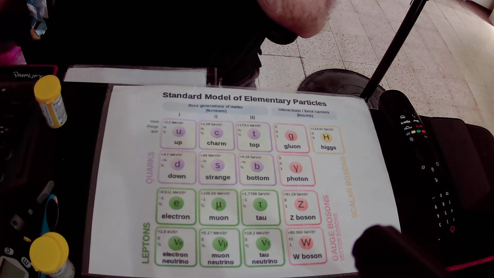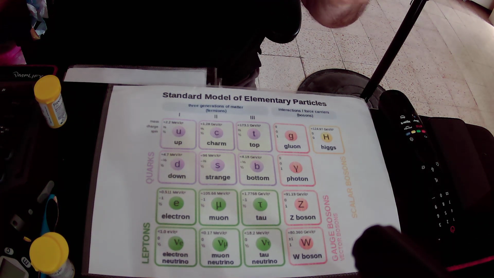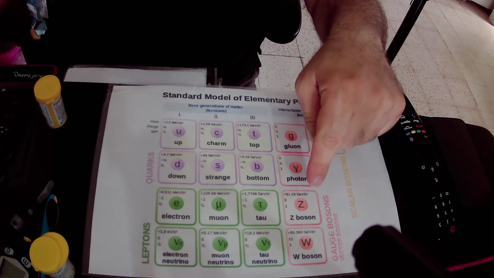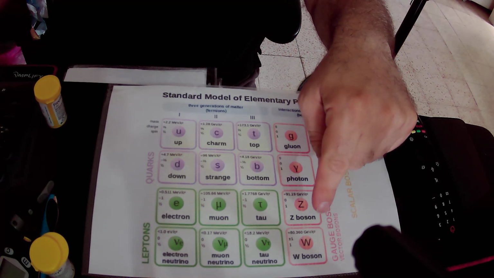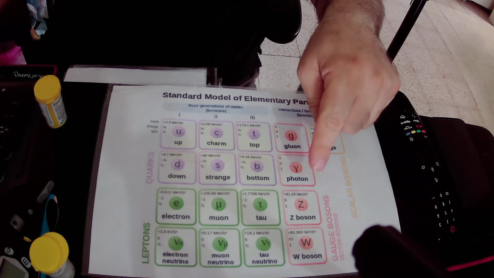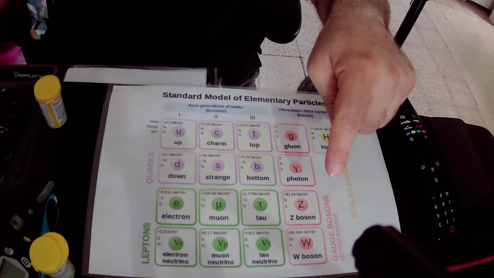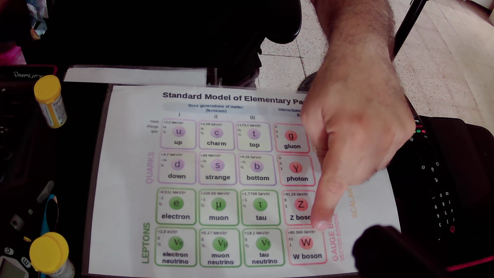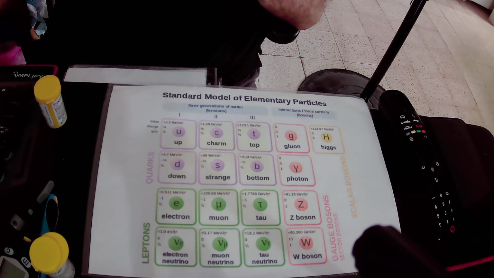And then we have boson Z and boson W that carry the weak force. The weak force is responsible for the radioactive decay of atoms. Actually, we have 1 type of boson Z and 2 types of boson W.